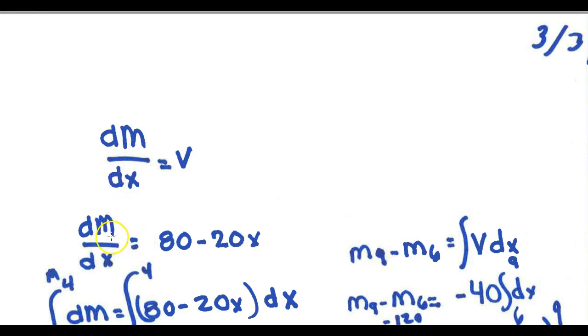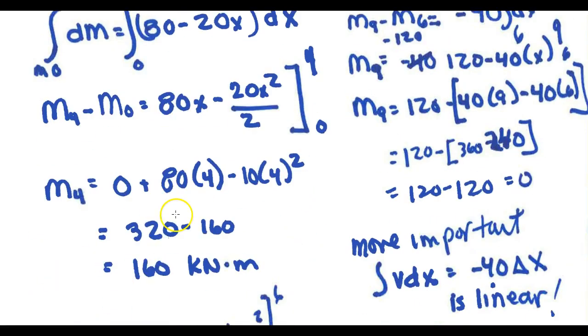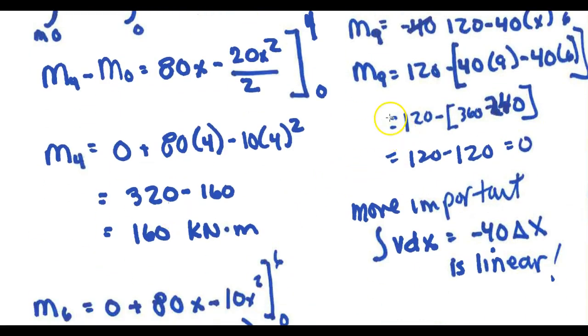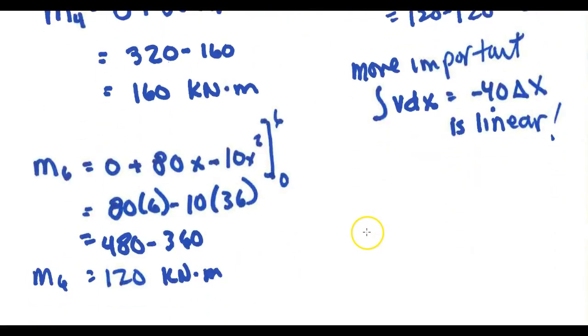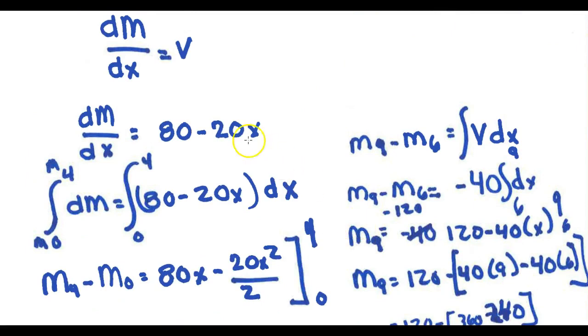I find that by plugging into the equation and finding where the value occurs as 0. So if I take 80 minus 20x and set it equal to 0, I get 80 equals 20x, divide both sides by 20, and I get x is equal to 4.